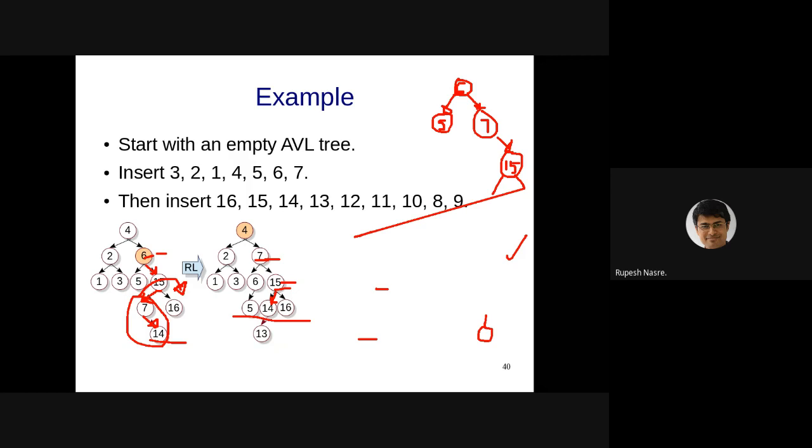The parent link also needs to be updated, but that can also be done in constant time. As far as the remaining subtree is concerned, there is only a pointer update happening. Although it looks like we are rotating the tree, that is only visual. It's just a couple of pointer updates. So you are right, Salman, it's a constant time operation. Rotation is constant time, and therefore double rotation also becomes a constant time operation.